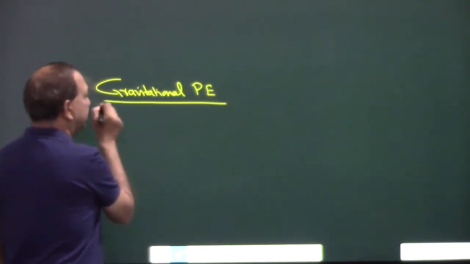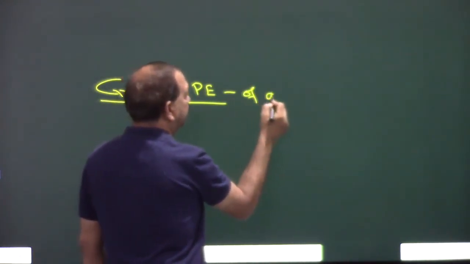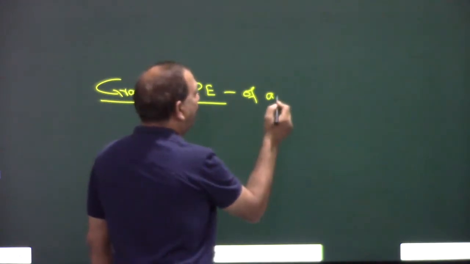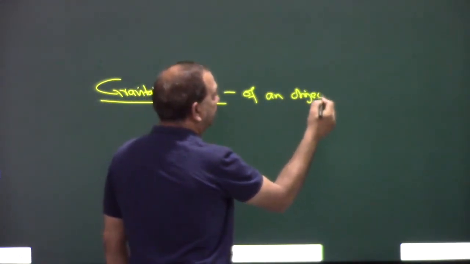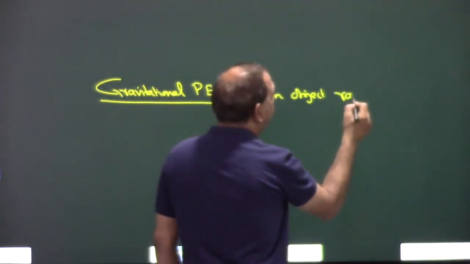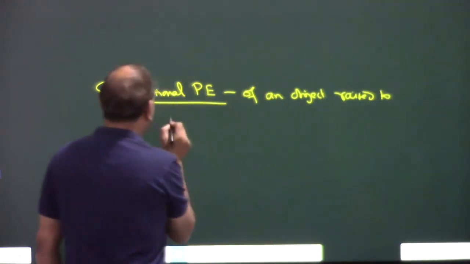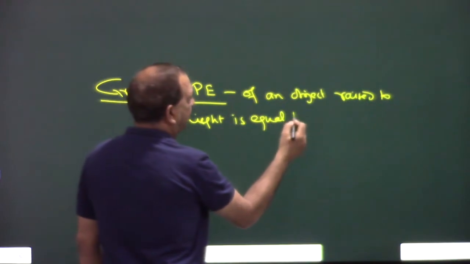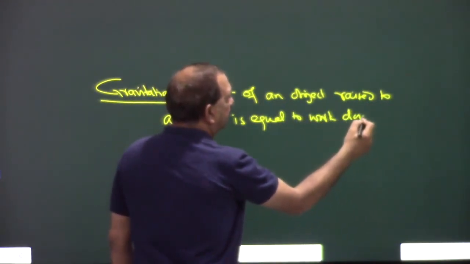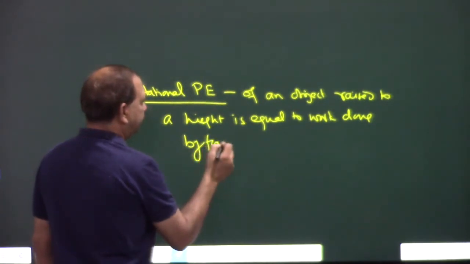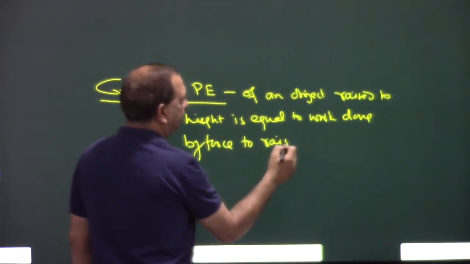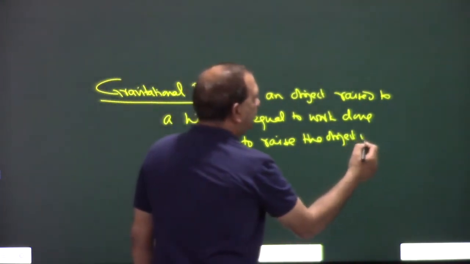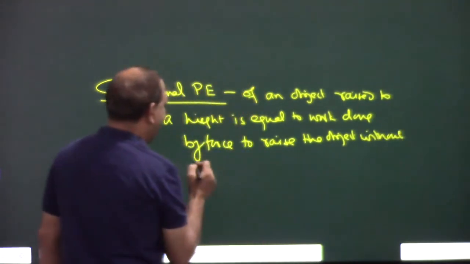Gravitational potential energy of an object raised to a height is equal to the work done by the force to raise the object without acceleration.